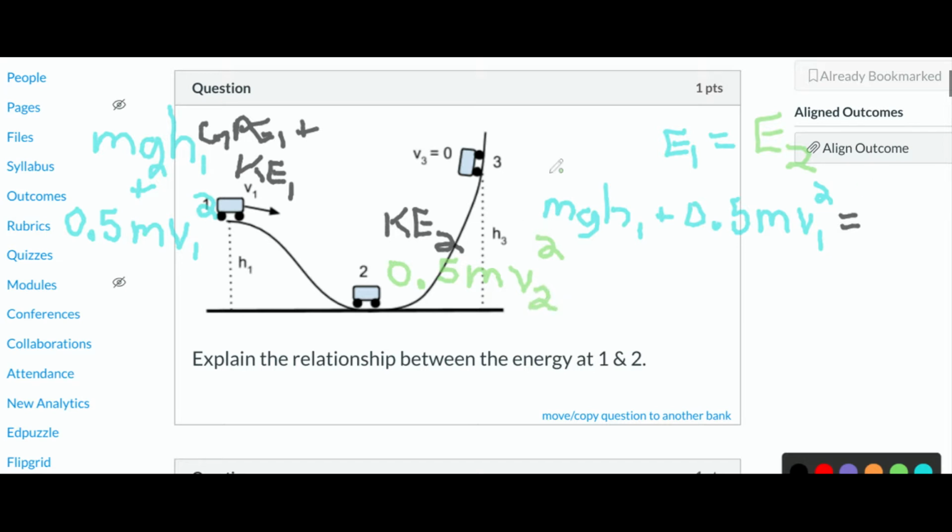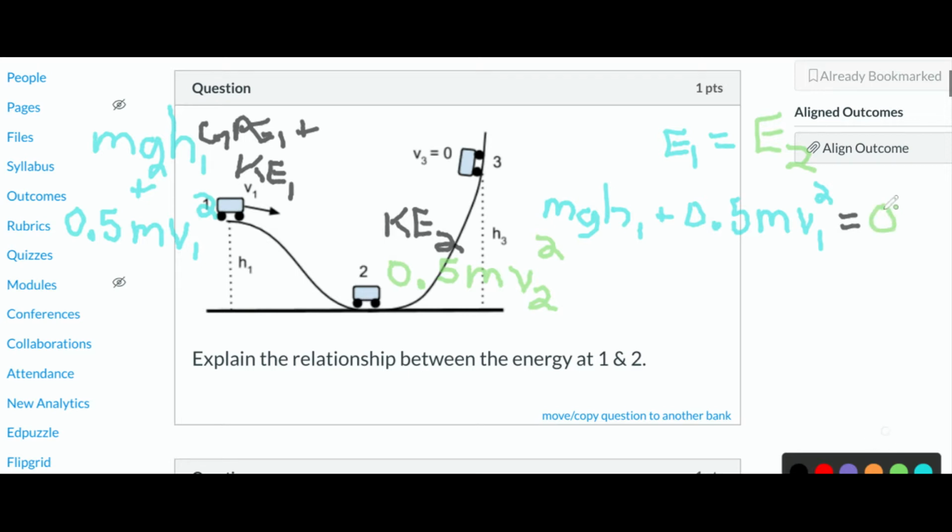So I'm going to set E1 equal to E2. We're not creating or destroying energy today. It's a closed system, so all the energy I start with, all the energy I end with. So E1 equals E2. Here I substitute the variables. I'm going to finish substituting the variables for E2.